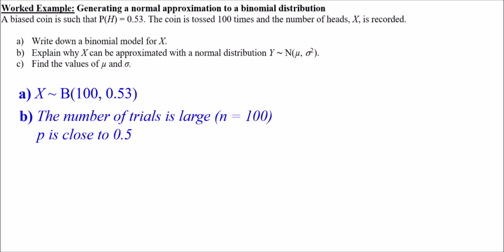Now for part C, it says here, find the values of mu and sigma. So for C, the original exact binomial is 100 and 0.53. I mean to say that the original is binomial.